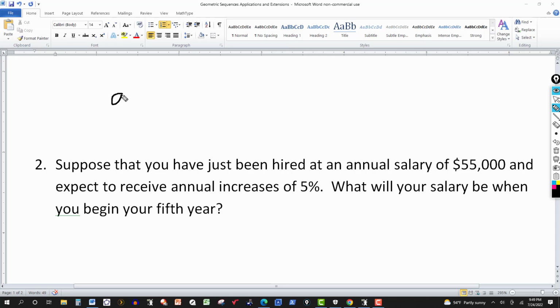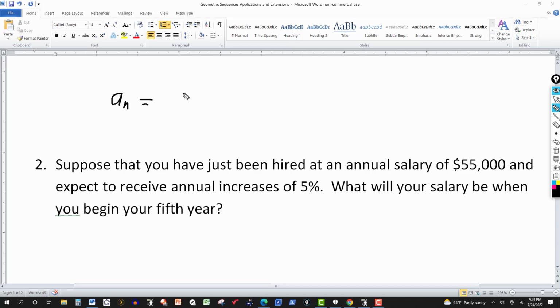So this one you could just write it out and figure it out without the formula. But sometimes I might say, well, give the salary on your 30th year or 40th year. You don't want to keep writing out all those terms. So we could derive the formula this way.